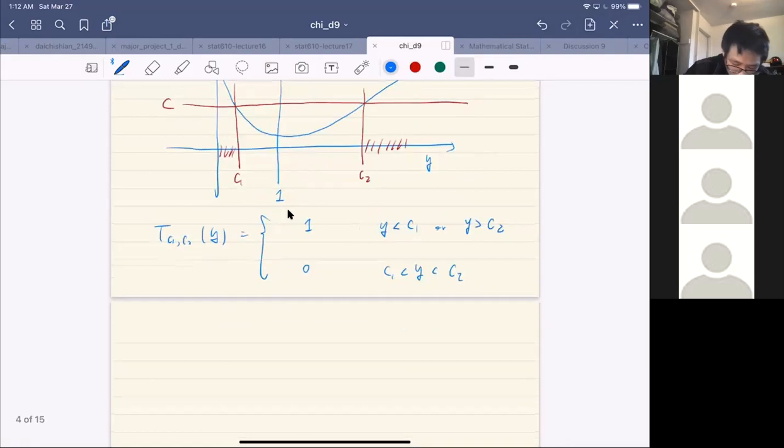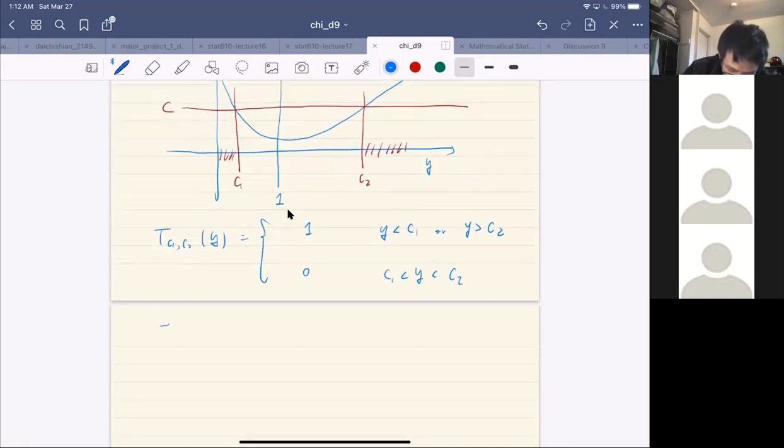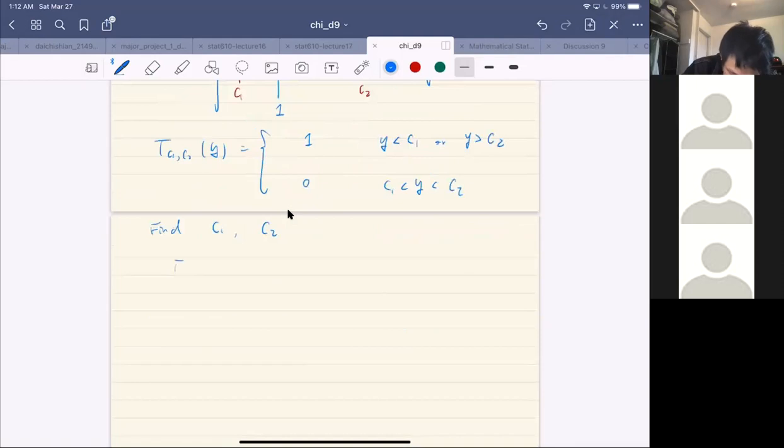And we want to find C1, C2 such that, under theta equal to 1, the size is alpha.